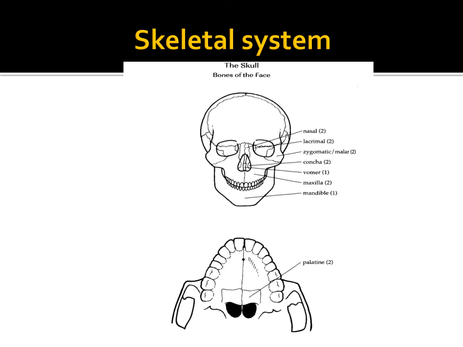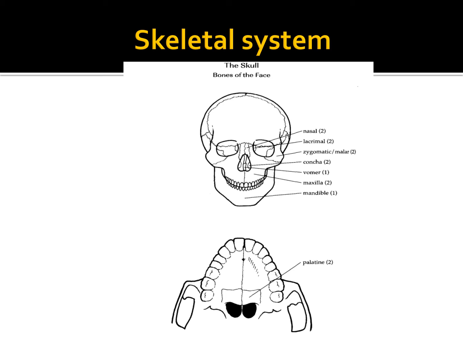Then in your face, you've got several bones there. The nasal bone at the very top there is where the bridge of your nose is, where your glasses would sit. Your lacrimal bone is where your tear ducts are, on each side of your nose and close to your eye. The zygomatic malar is your cheekbone. The concha or conchi is up inside the nose.